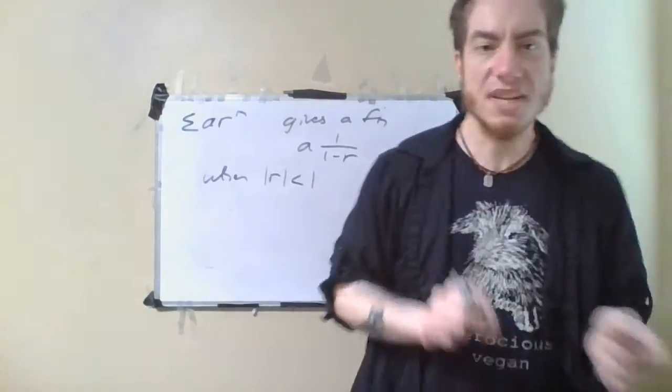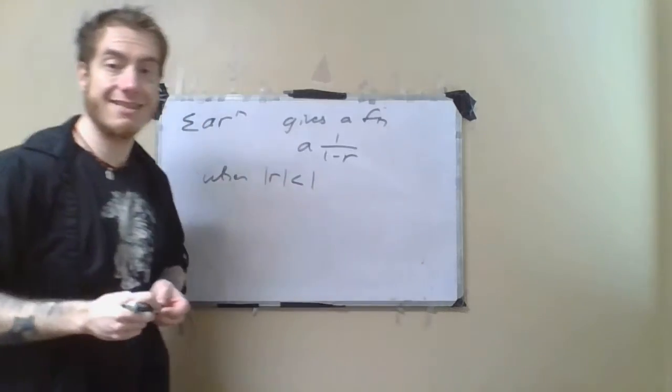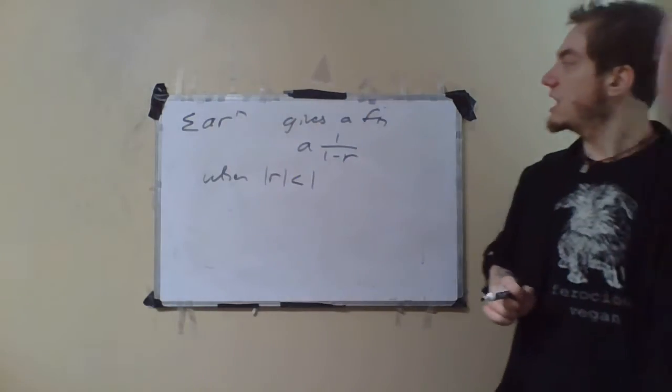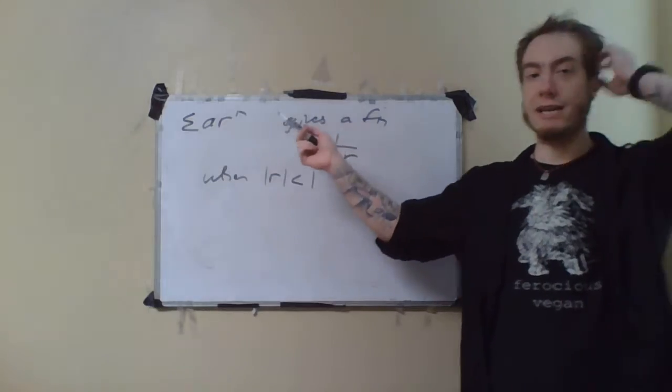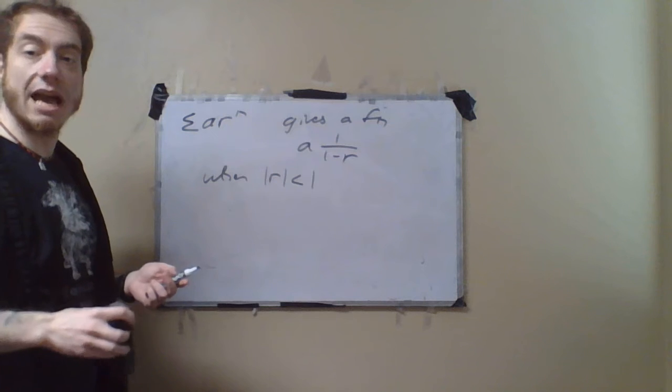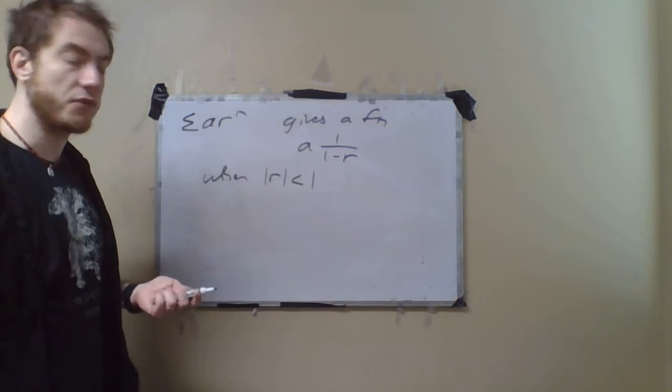Okay, so we've seen examples where you can think of a series as giving you a function. For a geometric series, it defines a function like so. And from this, you could get other types of series that define functions as well.